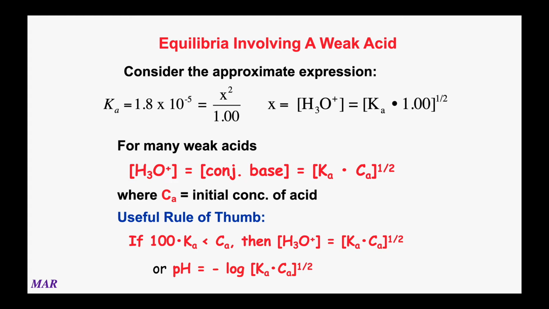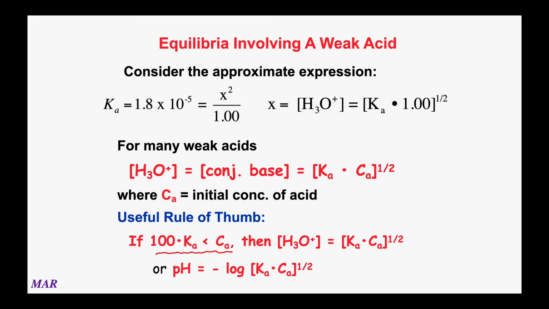So if 100 times Ka is less than Ca, then you can use hydronium equals square root Ka times Ca. In the example we just did, Ka was 1.8 times 10 to the minus 5. 100 times that number would be 1.8 times 10 to the minus 3, and that is certainly less than Ca, which was 1.00. So in this case, absolutely, hydronium equals square root Ka times Ca.